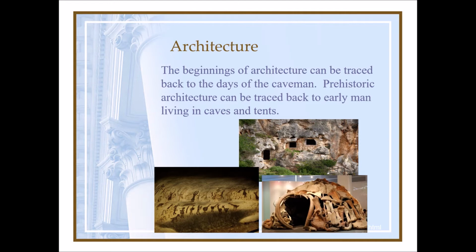Or they lived in tents made from animal tusks, animal bones, and their fur, to make the tents comfortable and warm enough to live in at night from the cold, but also cool enough to stay in in the morning or in the evening.